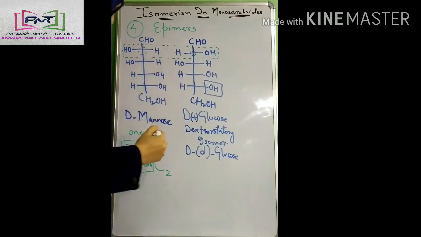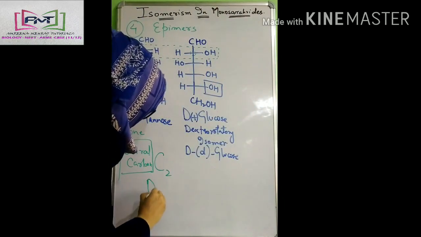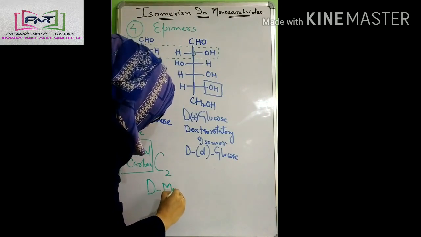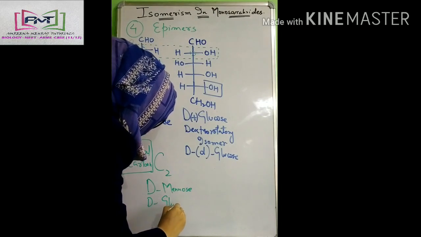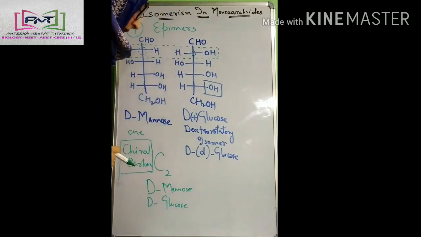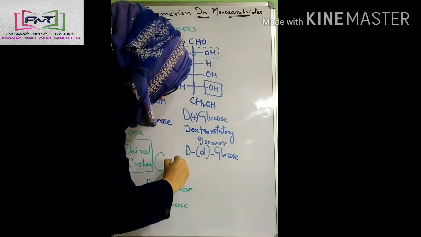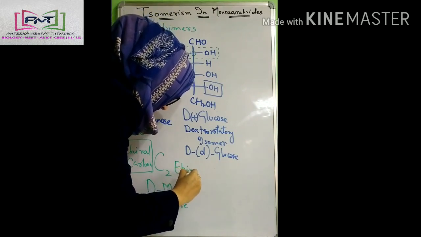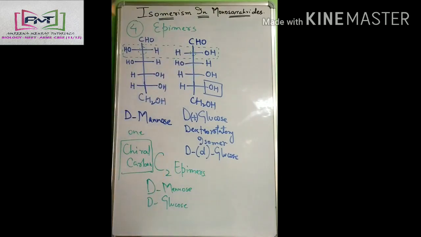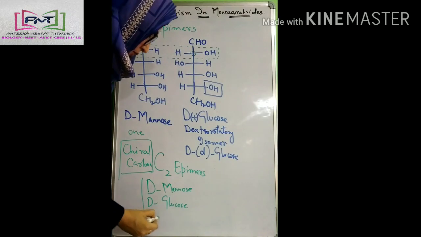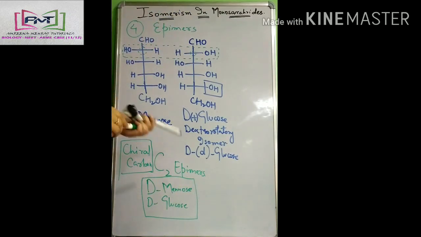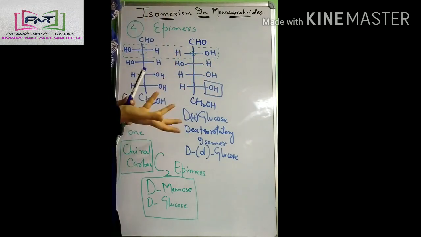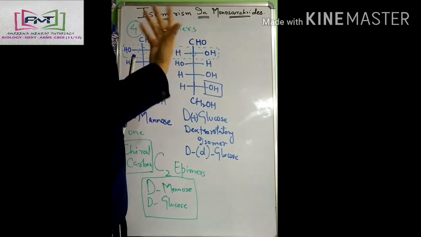So what do I get to know? I get to know that D-mannose and D-glucose are C2 epimers. What does it mean? It gives you the definition of epimerism. It makes you understand what epimers are.